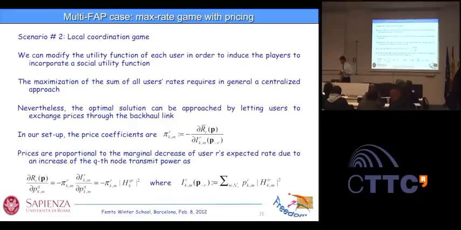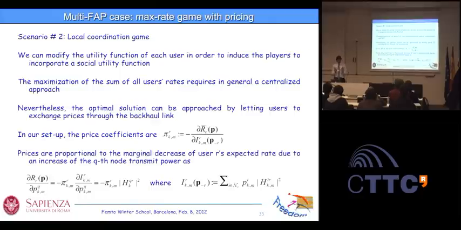Okay? Of course I will not go into the mathematical details. When you take the sum of the rates, your own rate is a concave function of your power allocation, and you want to maximize this function, so this is fine, right? Because it's a concave function of powers.